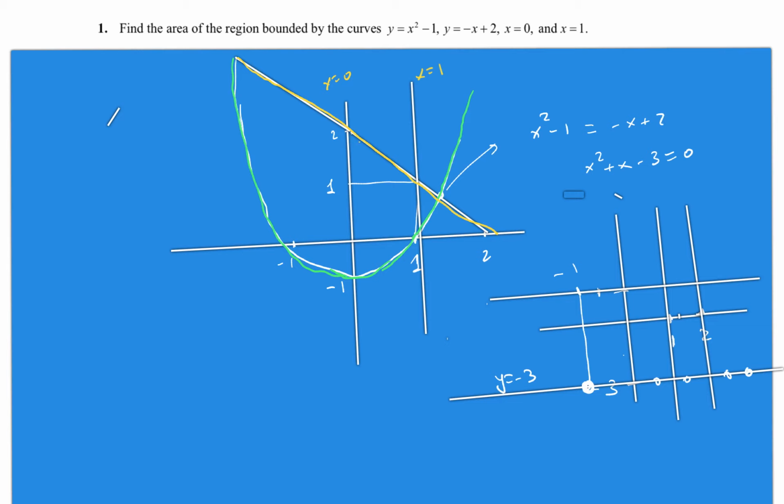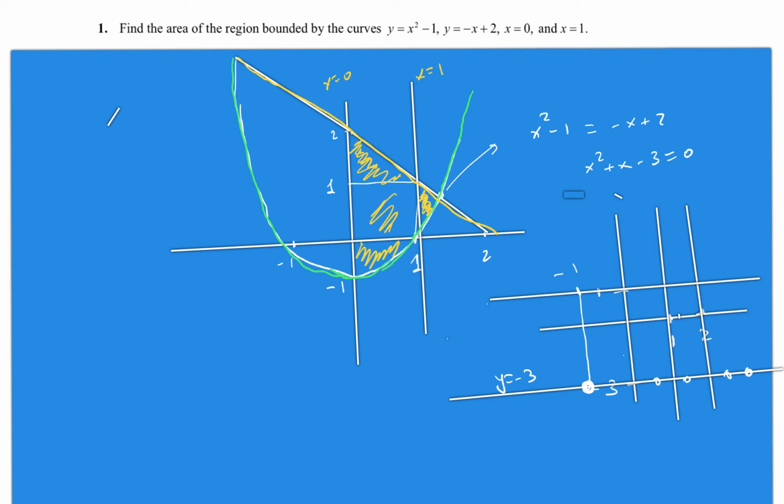From x equals 0 to x equals 1 is this area. Here I see a triangle and a rectangle, but no, sorry, from x equals 0 to x equals 1 the area will be only the area of the rectangle and the triangle, and this area also.